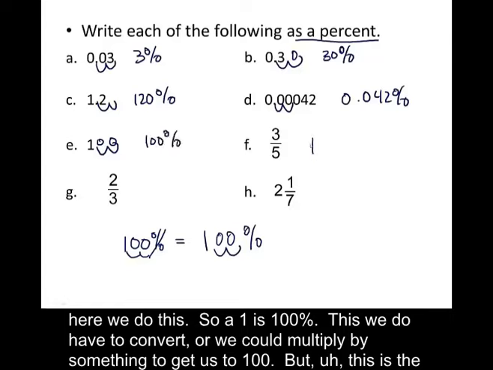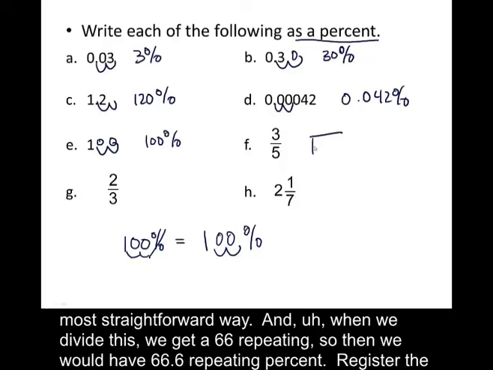This we do have to convert, or we could multiply by something to get us to 100, but this is the most straightforward way. And when we divide this, we get a 6 repeating, so then we would have 66 and 6 repeating percent.